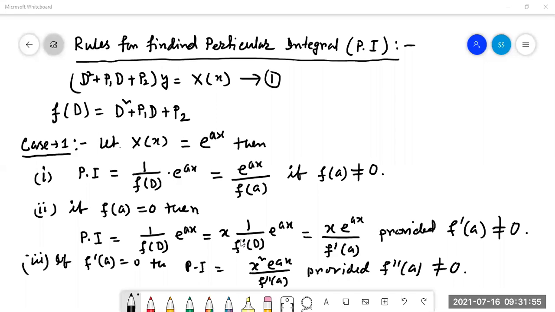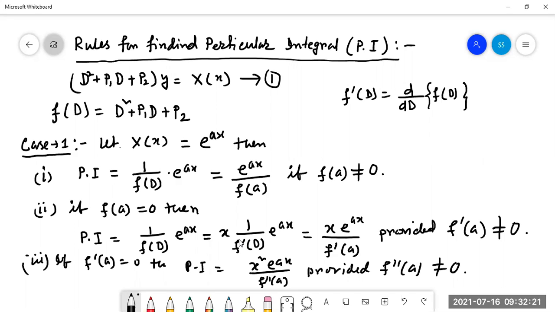Here we have to take F dash D. F dash D means d of F of D. With respect to capital D, we have to differentiate the F of D. That is called F dash D.